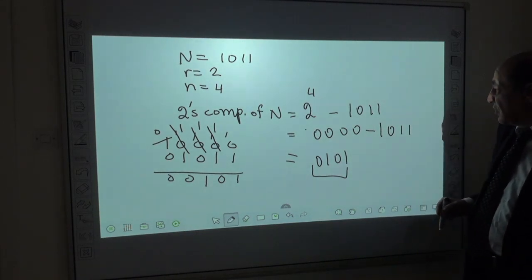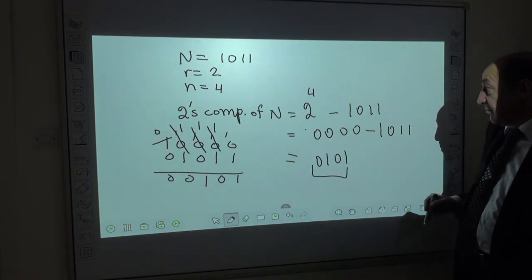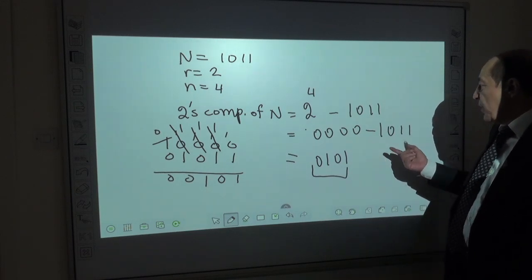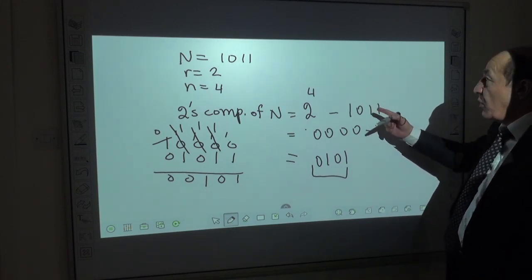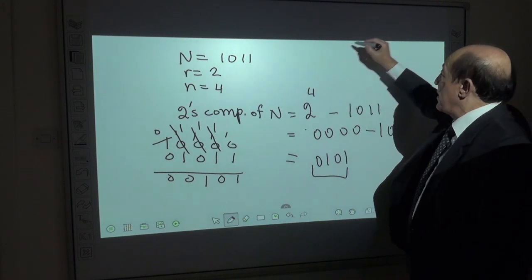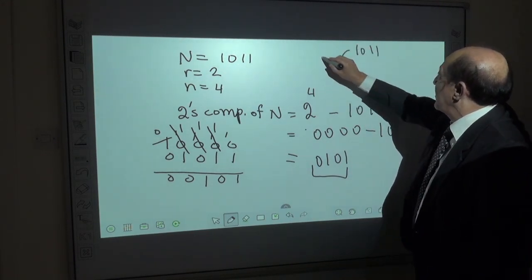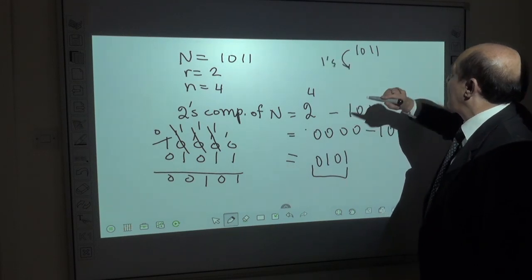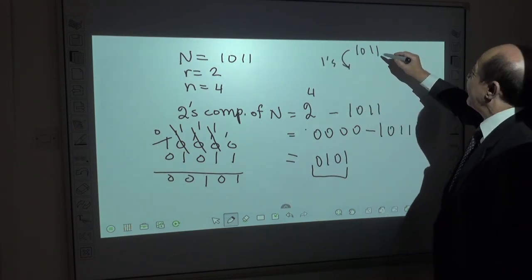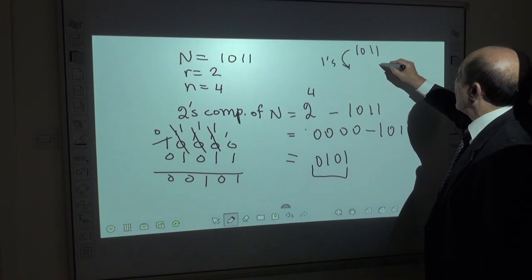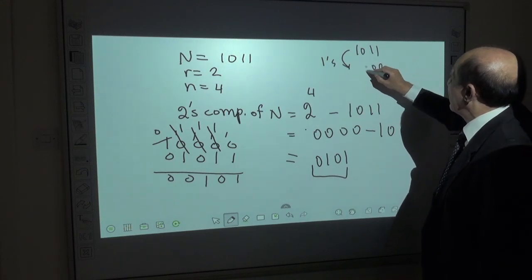We can use the quick rules here. Either we can obtain the 1's complement directly, 1 0 1 1, the 1's complement by reversing 1 to 0 and 0 to 1.